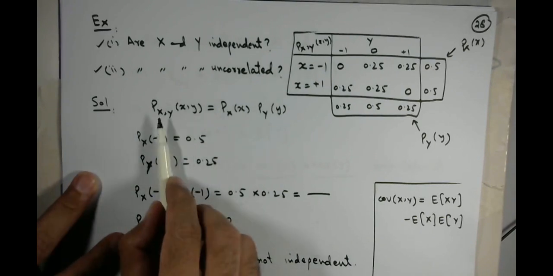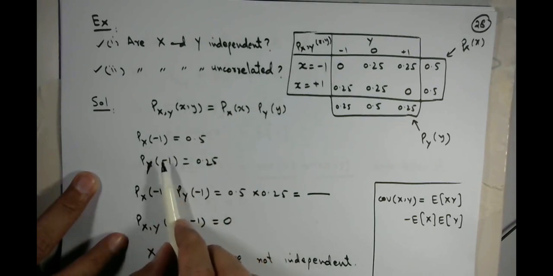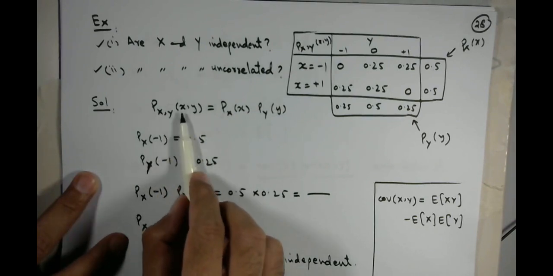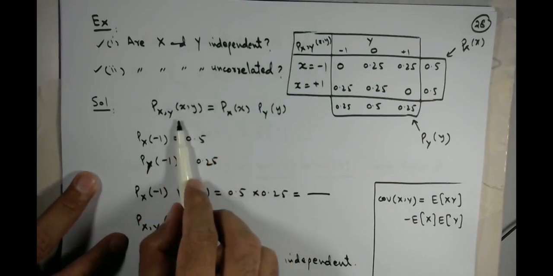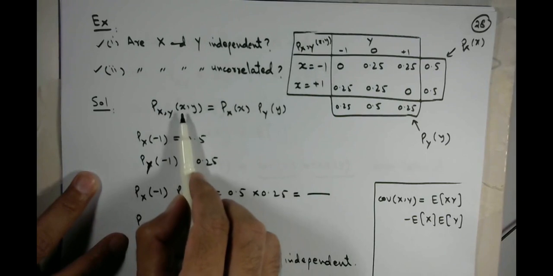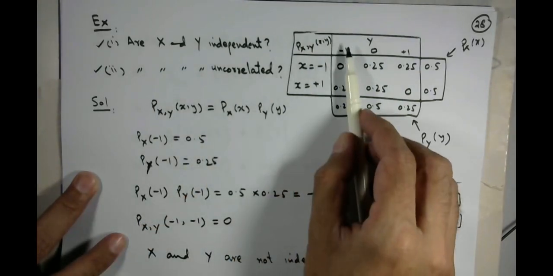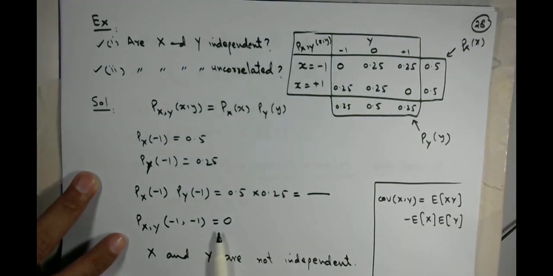Then you have to come to the left side of the formula, which means you will use the same values of X and Y, which is -1 and -1, and check the probability of joint occurrence of these two values, which means p sub X comma Y of -1 comma -1. So p sub X comma Y of -1 comma -1 is 0 here, and so this is not equal to this probability.